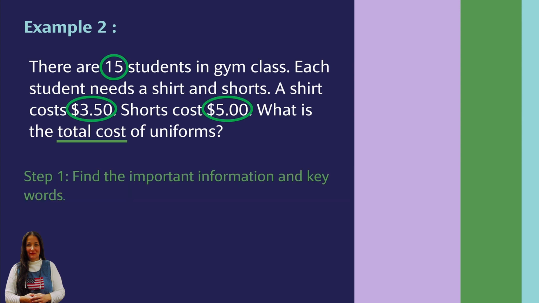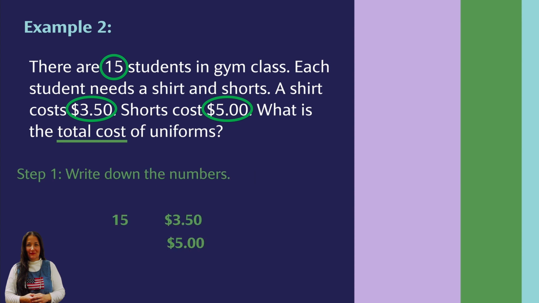Step 1, find the important information and keywords. 15 students. A shirt costs $3.50 and shorts $5. What is the total cost? Step 1, write down the numbers: 15, $3.50, and $5.